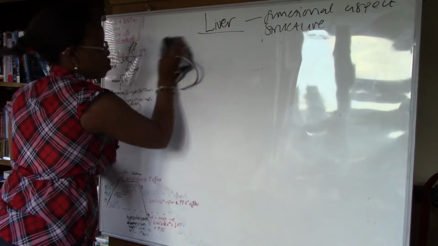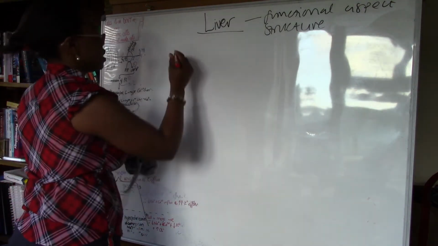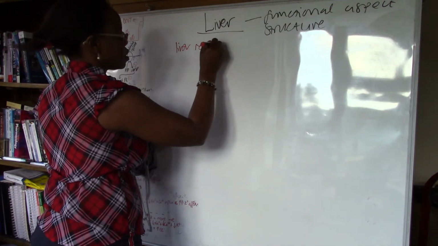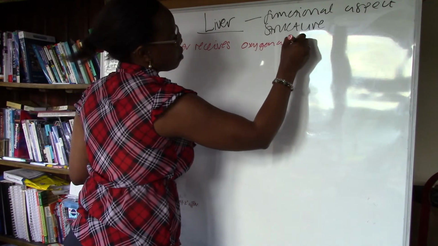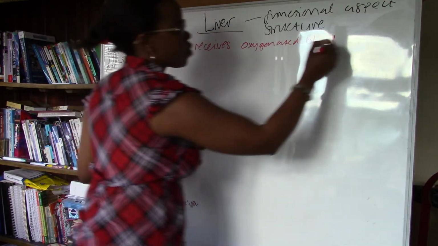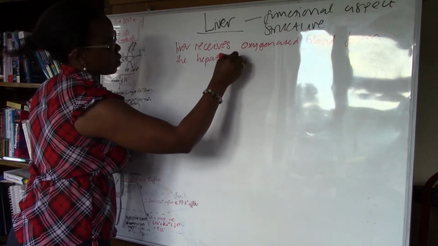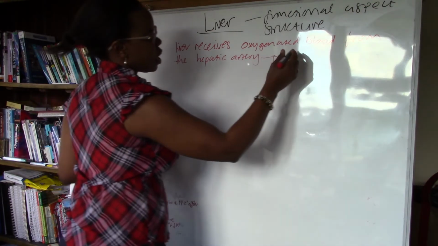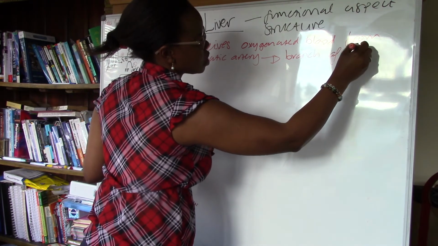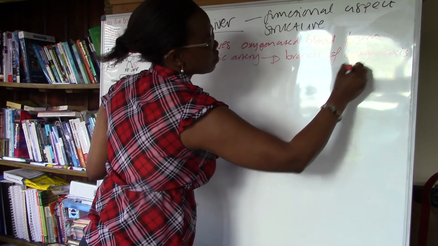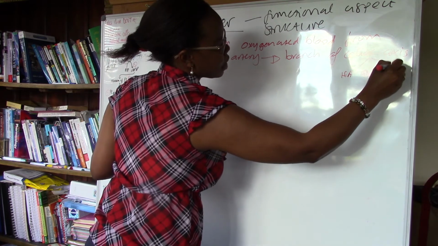I also need to mention that the liver receives oxygenated blood from the hepatic artery, which is a branch of the celiac axis, which obviously gives off 3 branches: the hepatic artery, the gastroduodenal, and the splenic.